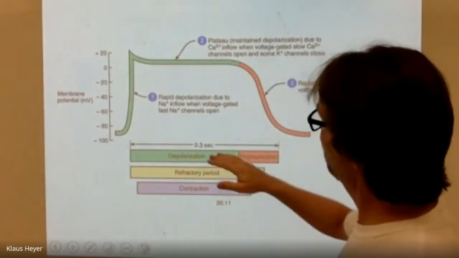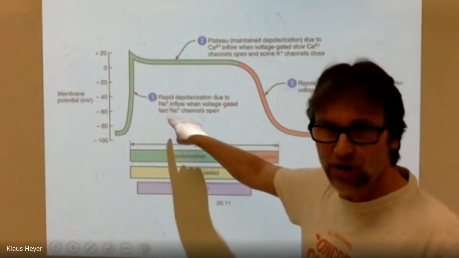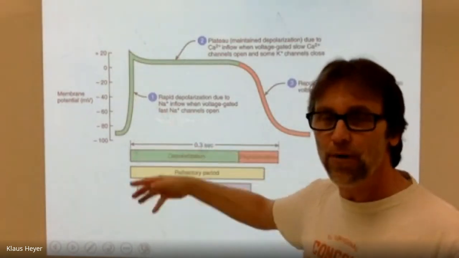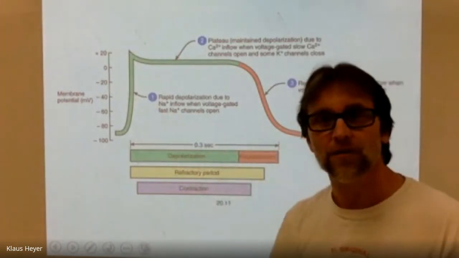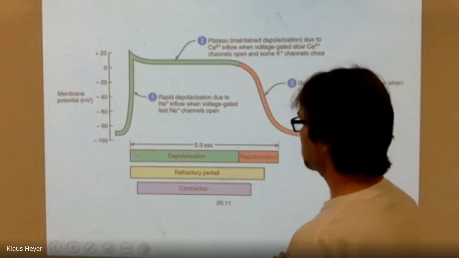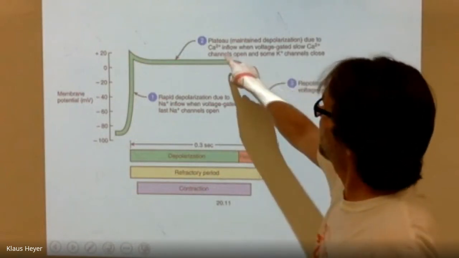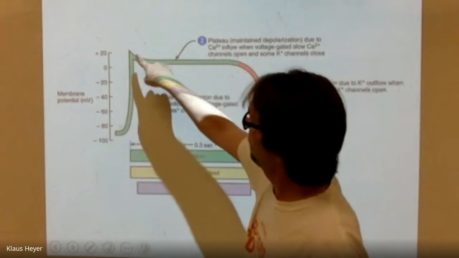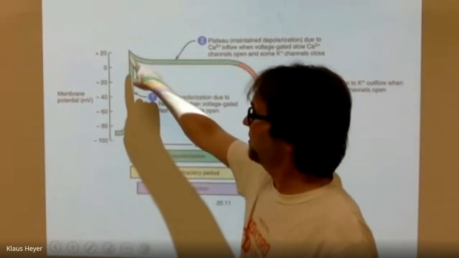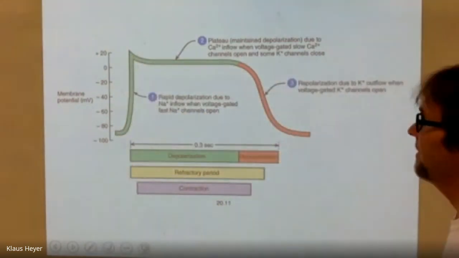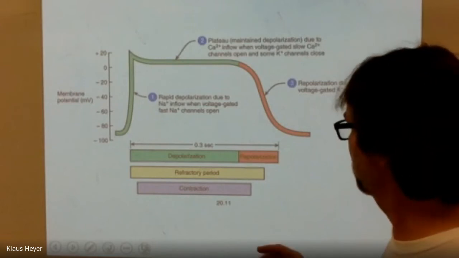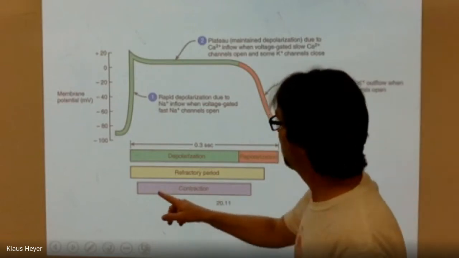So that's what they're saying, that those doors that are just for sodium, they open up and the sodium rushes in. That's going to cause depolarization. And it's going to cause the muscle to contract.